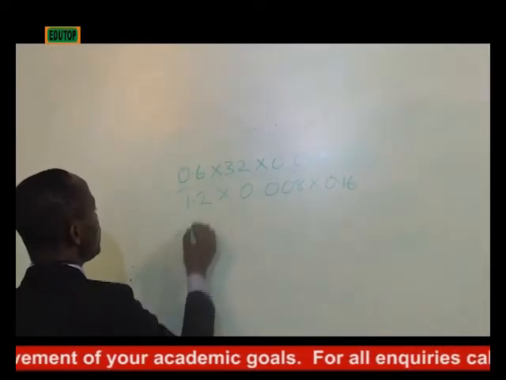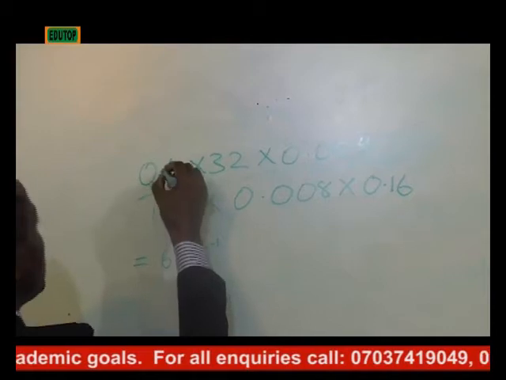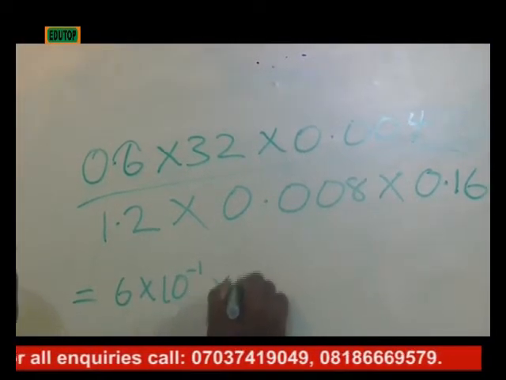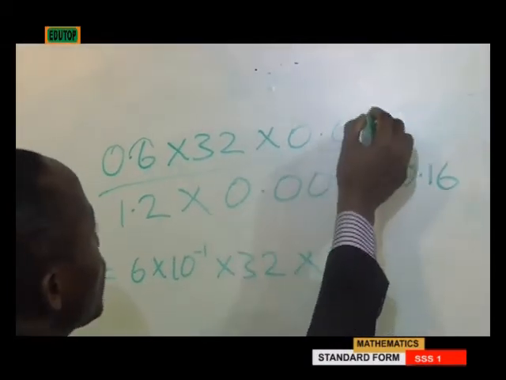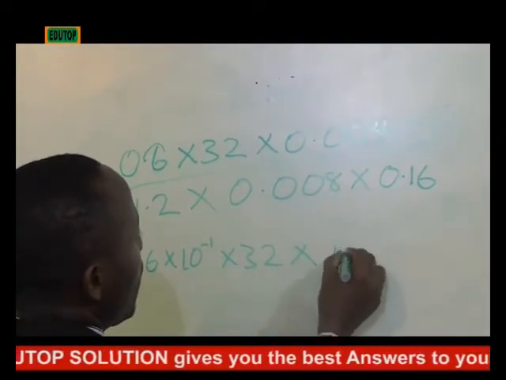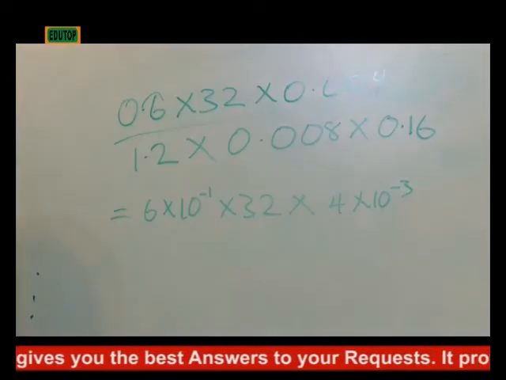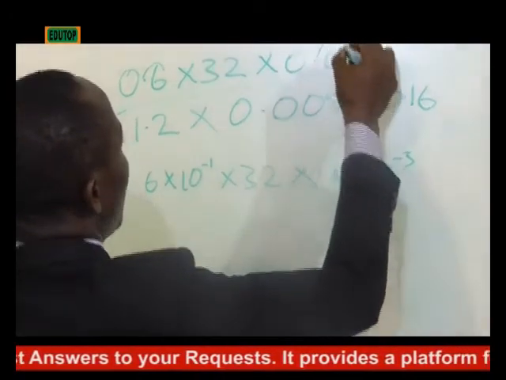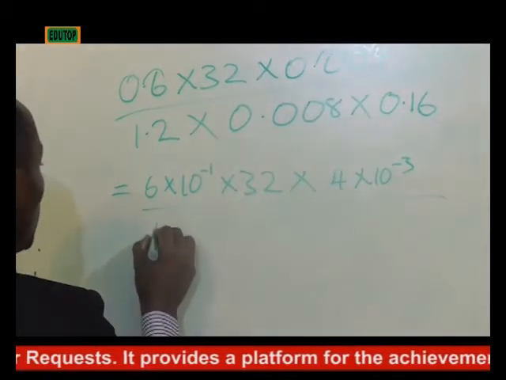Now we take each number to standard form. If you are to multiply, this one will be 6 times 10 raised to power minus 1, that is, we are shifting only once, times 32 times, how many times are we shifting this one? 1, 2, 3. That's 4 times 10 raised to power minus 3. Once you are shifting to the right, it's always negative. All divided by 12.